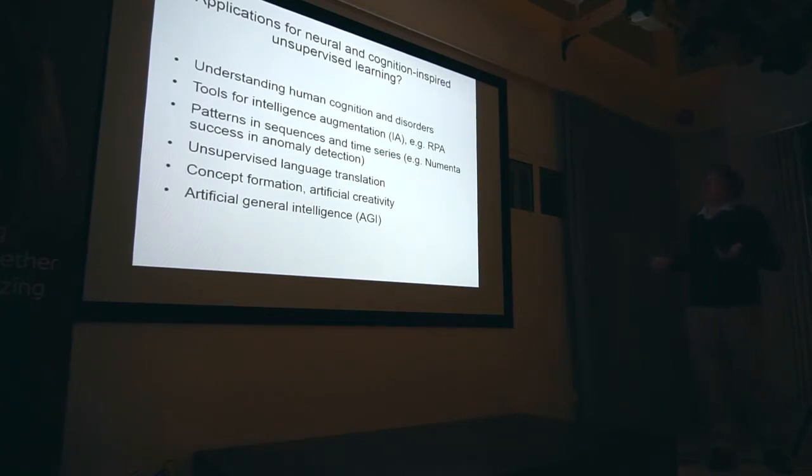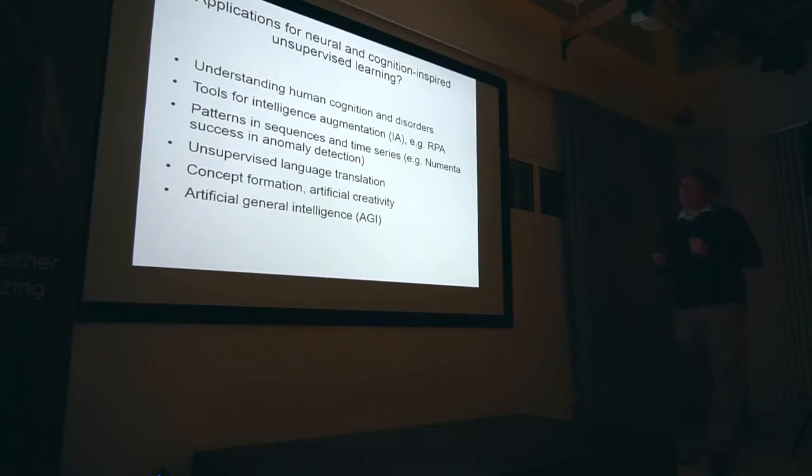So what might be some applications for neurocognitive-inspired unsupervised learning? Well, one real application is understanding human cognition better, and disorders, that's important. But also potentially tools for intelligence augmentation, and things like robotic process automation, for example, that can work with you rather than just automating what you're doing. Patterns and sequences, time series have been successful.